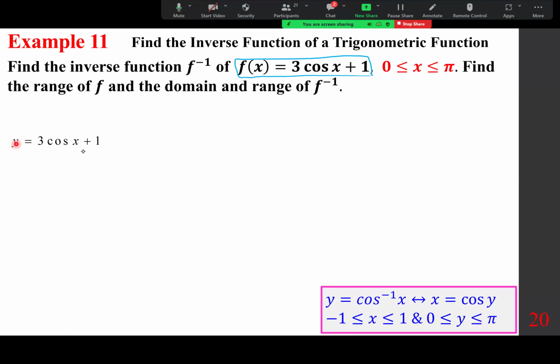Interchange x and y. This becomes x, this becomes y, because we are finding the inverse. And again, I remind you, right at this step, we do have the inverse, however, we solve for y. So 3 cosine y is x minus 1, moving the 1.